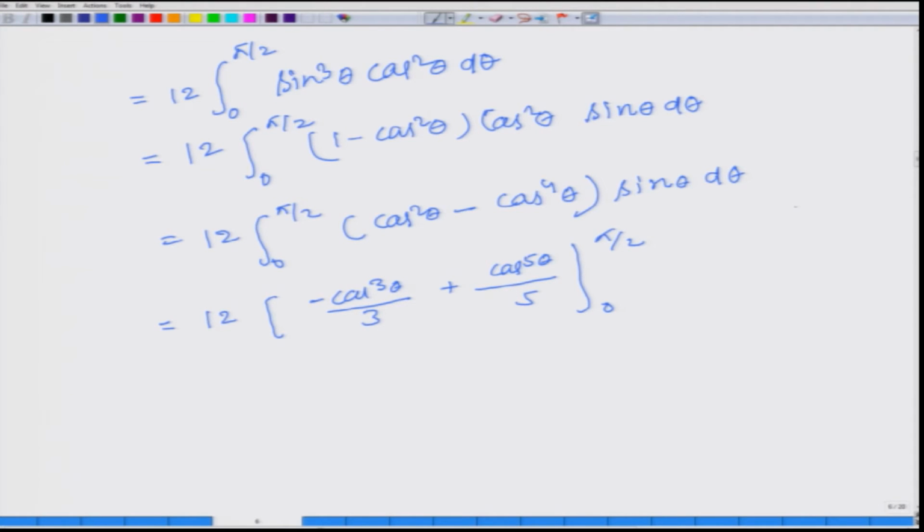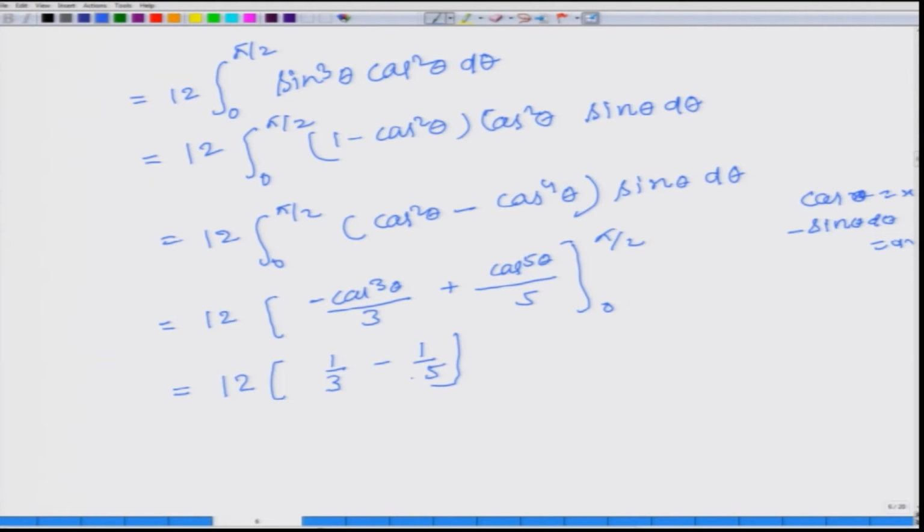I have taken cos theta equal to x. So, minus sin theta d theta equal to dx. So, this would be equal to 12. So, for theta equal to pi by 2, this would be equal to 0. So, only the limit theta equal to 0 we will think about. First one would be 1 by 3, second one would be 1 by 5.